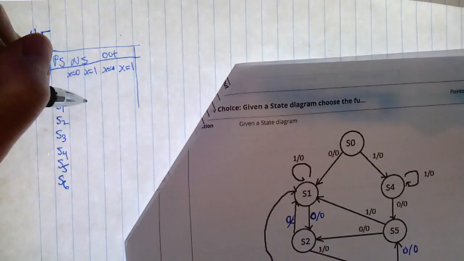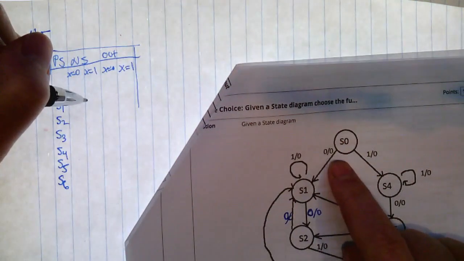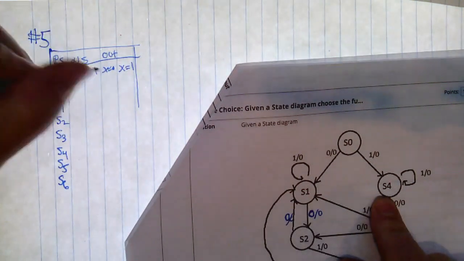And then state 0 transitions to state 1 or state 4. And you can see that right in through here. State 0 goes to state 1 or state 4.